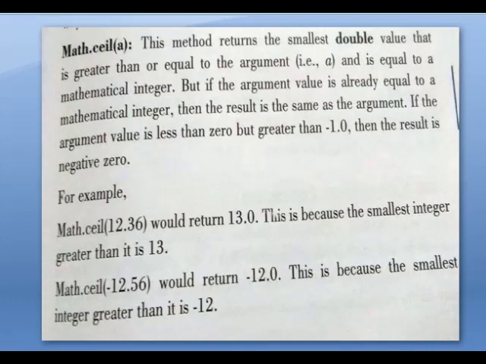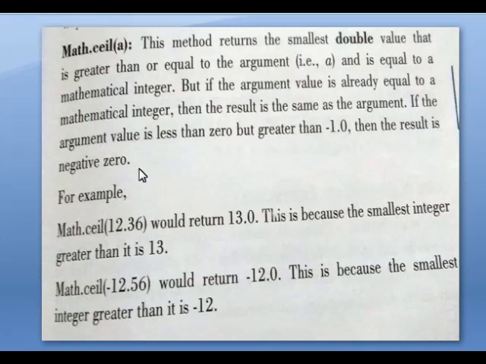Okay, the next one is Math.ceil. Math.ceil means this method returns the smallest double value that is greater than or equal to the argument and is equal to a mathematical integer. But if the argument is already equal to a mathematical integer, then the result is the same as that of the argument. If the argument value is less than 0 but greater than minus 1.0, then the result is negative 0.